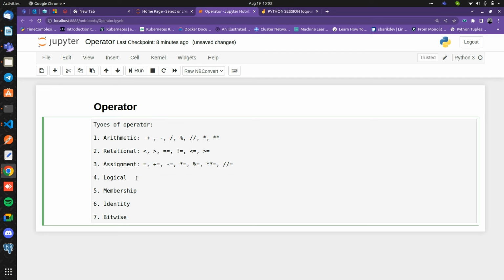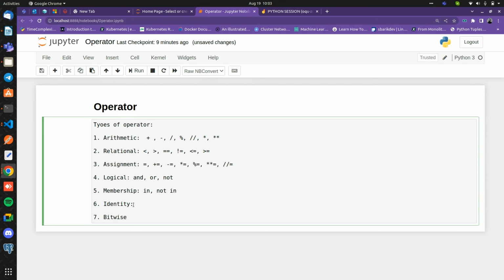Okay, and also logical operators, that is and, or, not. These are all the logical operators. And membership operators, that is in and not in. In and not in are used for the membership operator.